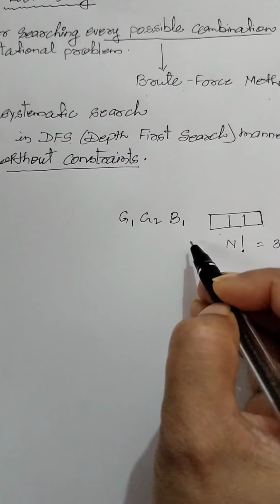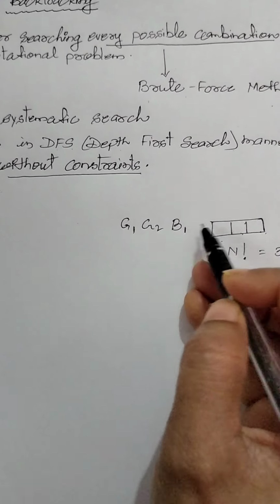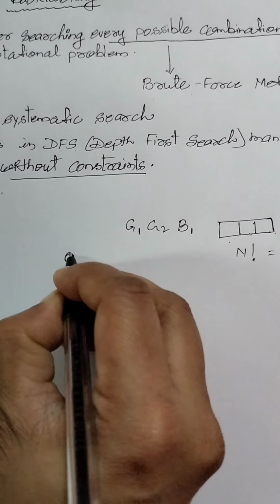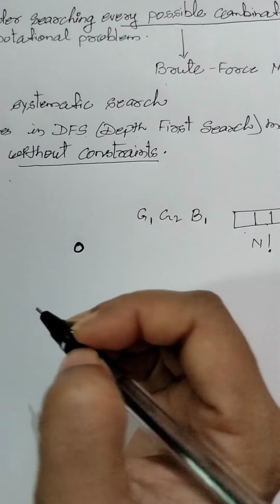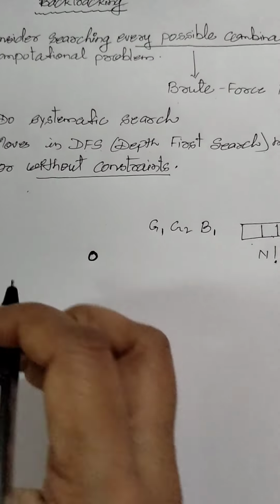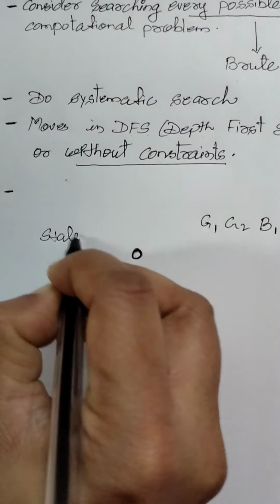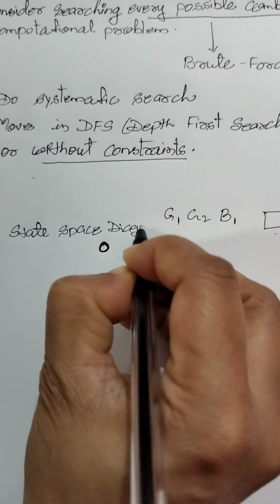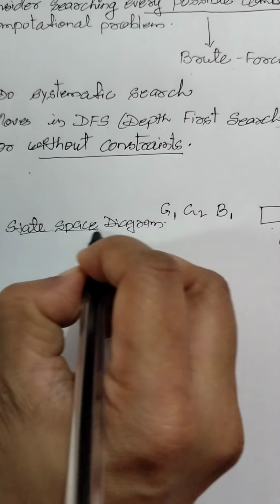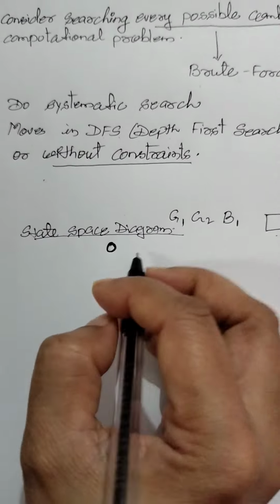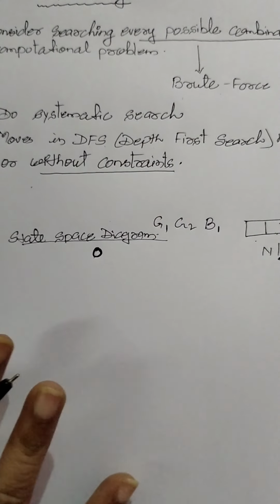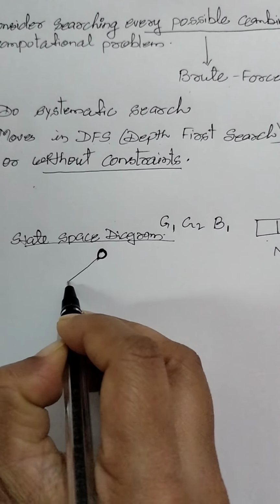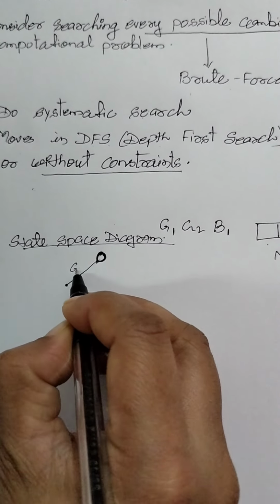Now how can we make each student sit in a chair? We will discuss it through the state space diagram. Initially we have one chair, and we make G1 sit here.